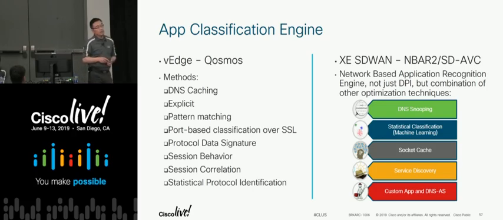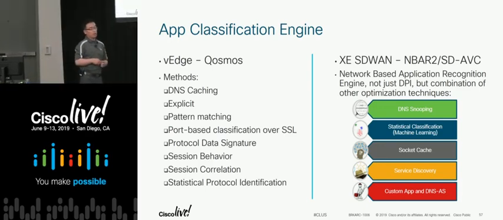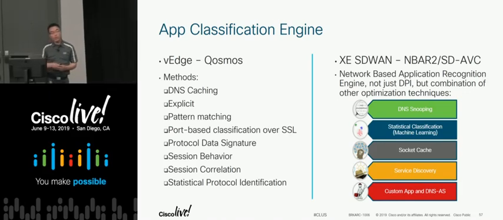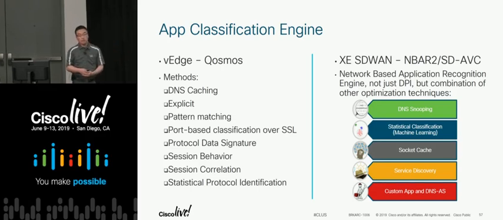Application classification engine, also called DPI, Deep Packet Inspection. So on the vEdge, as some of you already know, the implementation is using Cosmos, a third-party DPI engine, which runs a number of DPI methods to be able to perform the application classification. For example, DNS caching, pattern matching, port-based classification, protocol data signature, session behavior, and correlation of the sessions from different flows to identify that application.